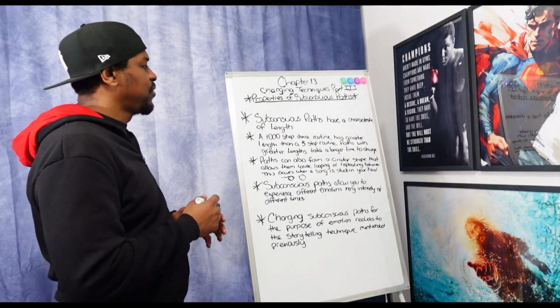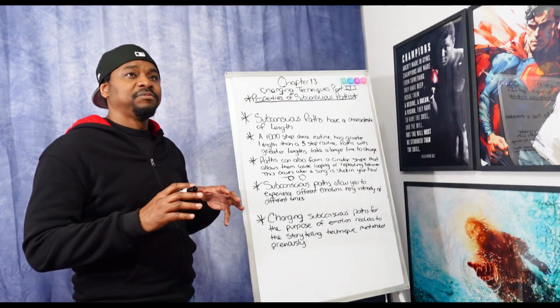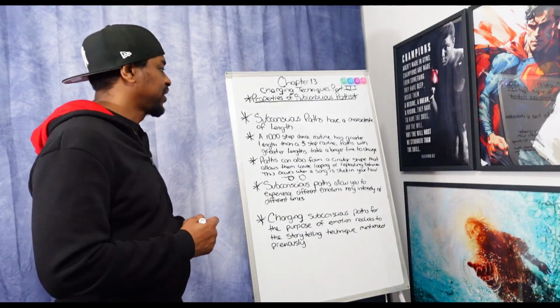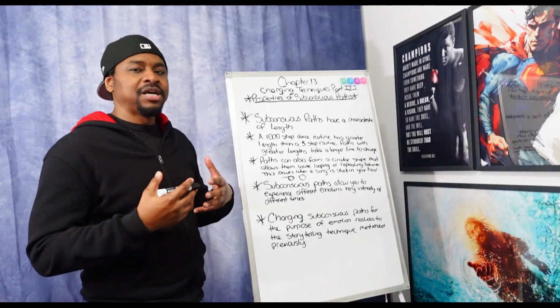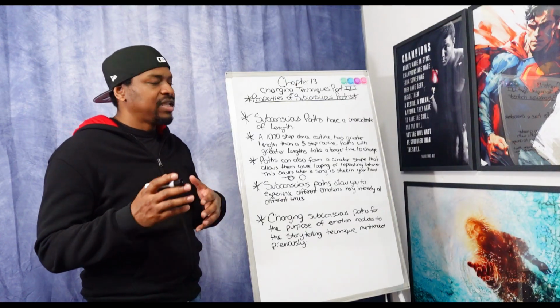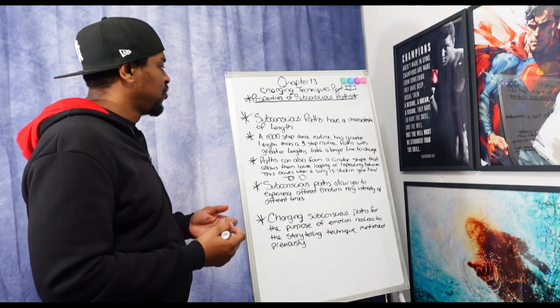So the first thing I want to mention is that last video I think I mentioned that subconscious paths were an ordered set of subjects or categories. I actually meant to say they're an ordered set of subconscious memories, which are also associated with the ordered set of subjects or categories.